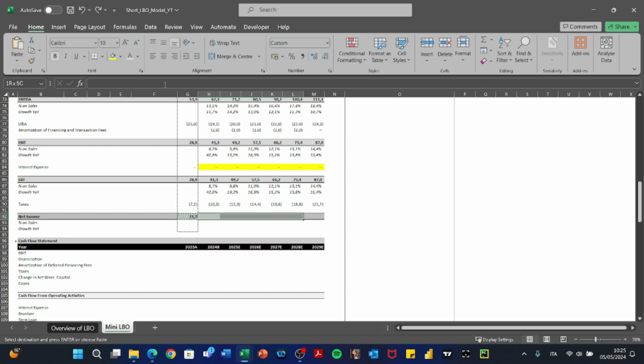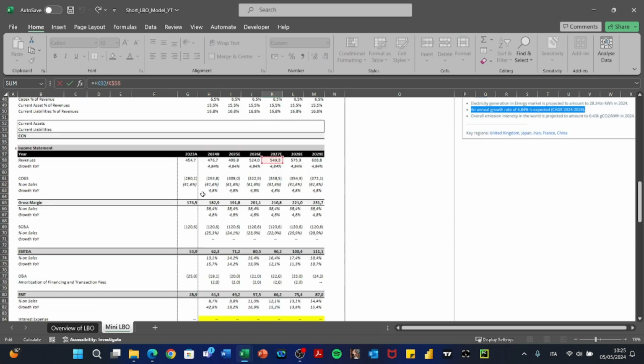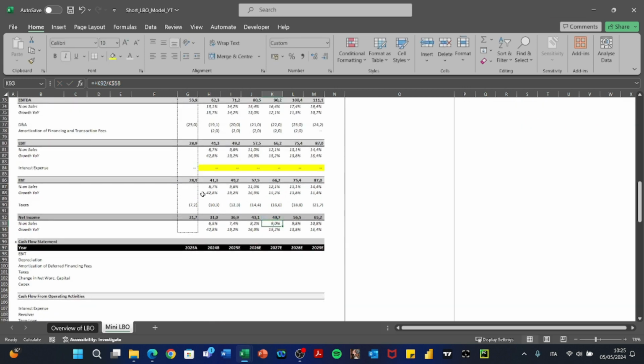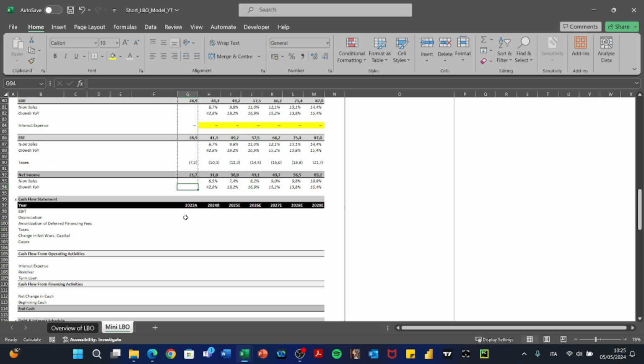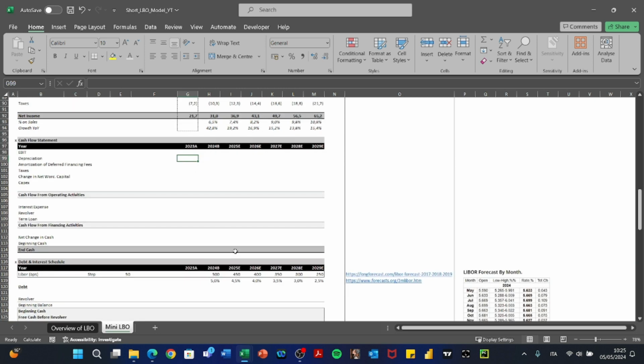So the net income, okay. The net income divided by our revenues, year-over-year growth. Okay, let's go now to our cash flow statement.